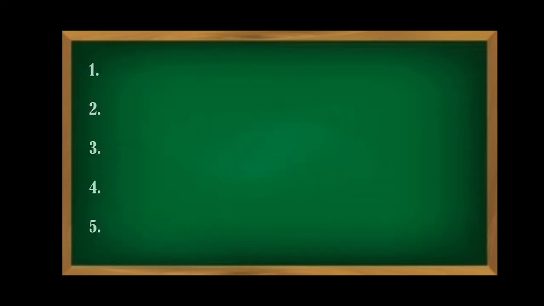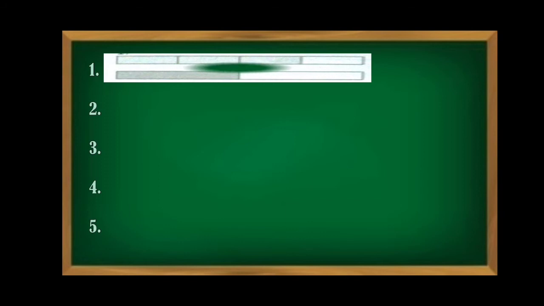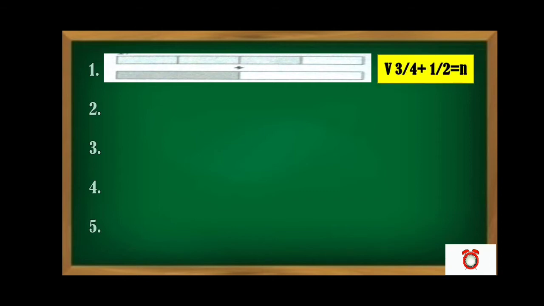Okay, so number 1. What is the correct answer? Very good. It is 3/4 plus 1/2 equals n, which is letter V. Second.